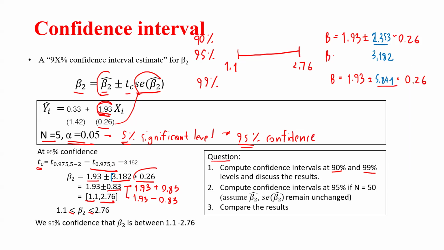Because the formula is beta 1.93 plus minus. Beta has the same standard error, the same, except the critical value.